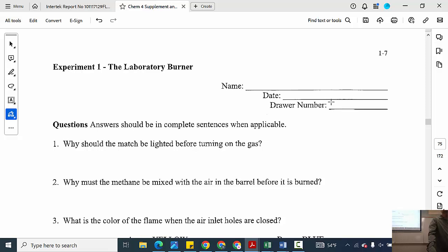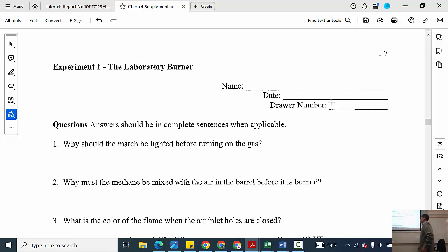But it could explode. Methane, it's not that you can't die. If we fill this room up with methane, it might push the air out and we'd asphyxiate ourselves. But also, if we filled this room up with methane, then we could have a fire or an explosion.